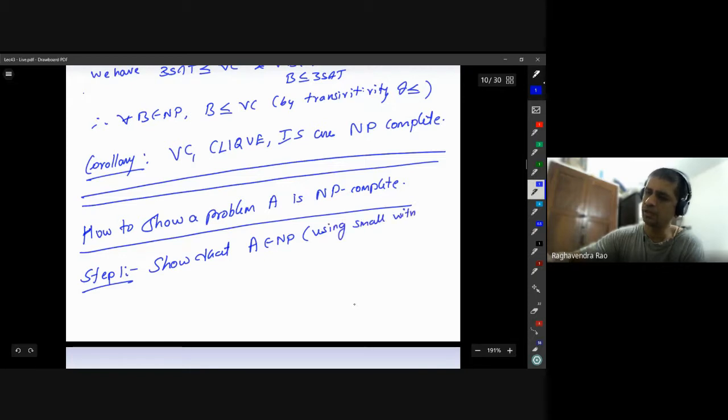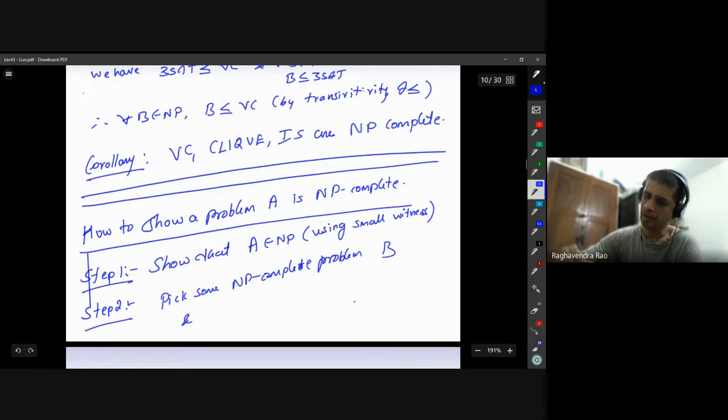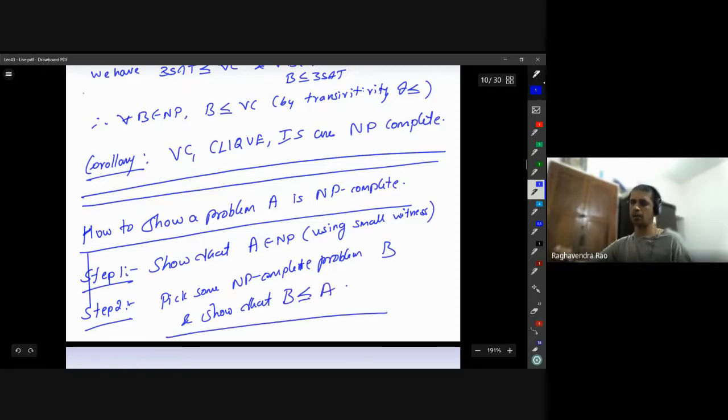Step two: pick some NP complete language or problem B, and show that B reduces to A. So all we need to do is show that A is in NP and pick some already NP complete problem. That's what happened here.